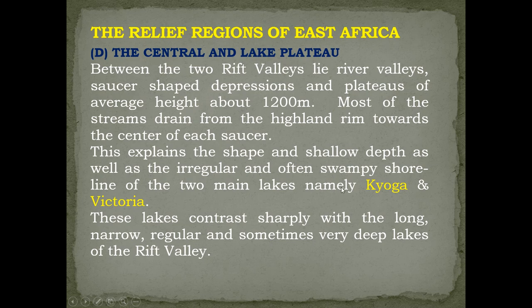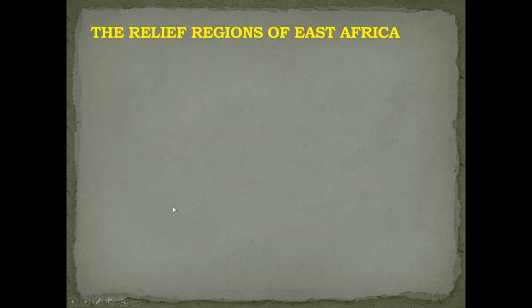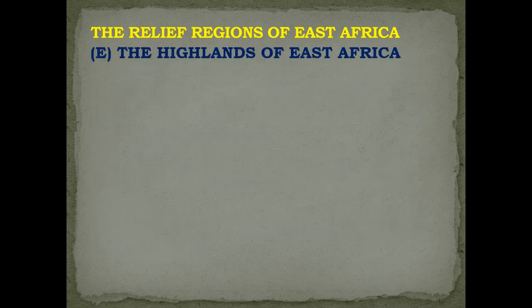So that is our fourth relief region. The plateau is called the Lake Plateau because we said it is characterized by raised, flat-topped pieces of land which are dropping into mainly these two water bodies, Lake Victoria and Lake Kyoga.